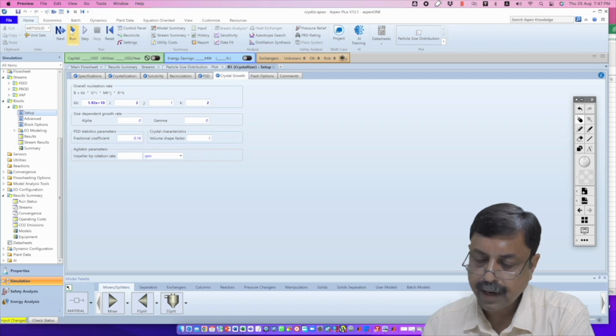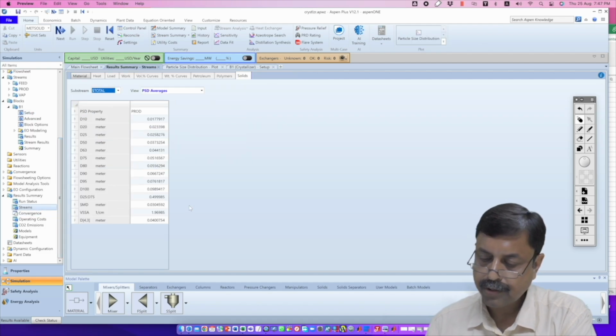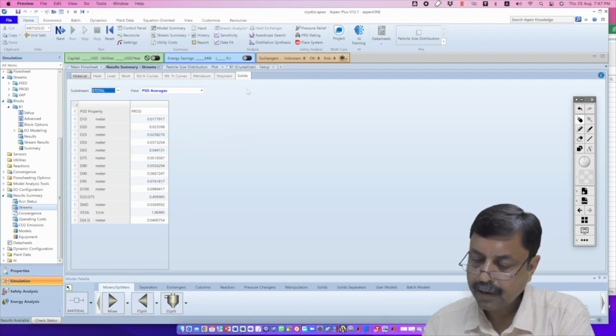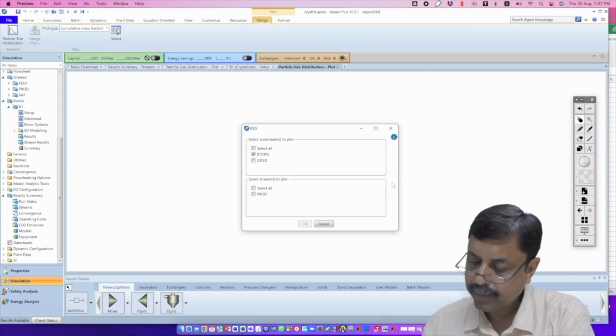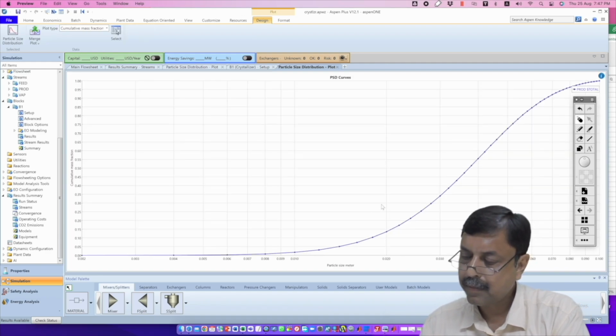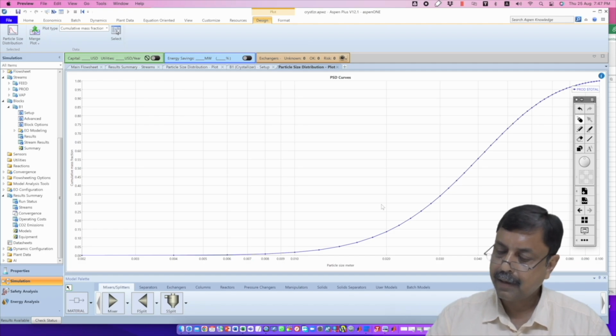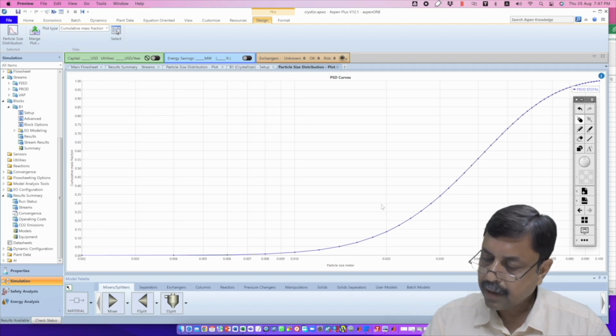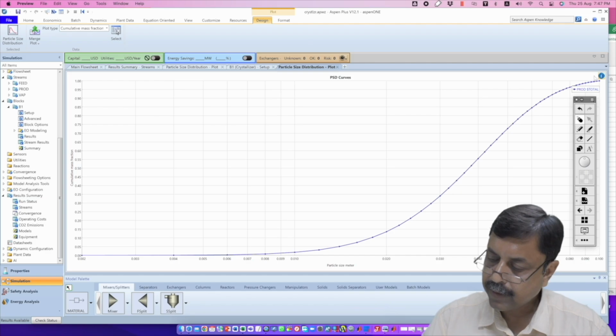And let us run it. Okay, so it has run. Now go to the stream and we find the PSD average. So now you can see it is a bit different. We will compare with the earlier one. First, let us see how different it is.